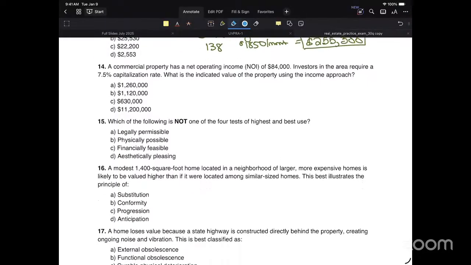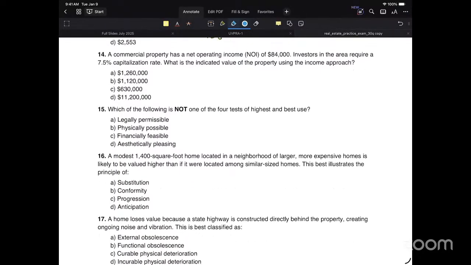Okay, number 14. A commercial property has a net operating income, or NOI, of $84,000. Investors in the area require a 7.5% capitalization rate. What is the indicated value of the property using the income approach? Well, once again, we have a very nifty little formula.